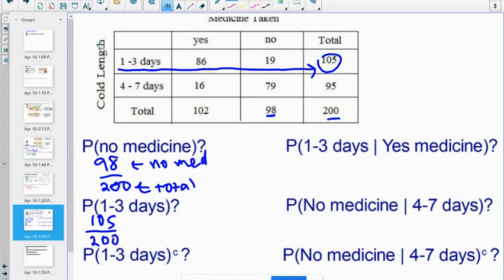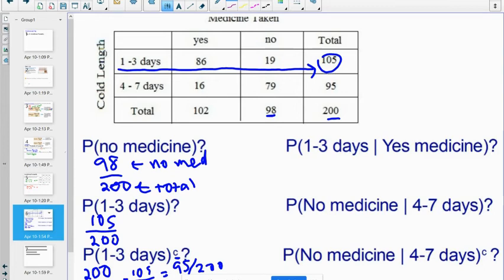And then the probability of 1 to 3 days' complement, so that's it not happening. I'm going to take our whole, which is 200 over 200, and subtract 105 over 200. That's going to get you 95 over 200. Again, these can be further simplified, but for the sake of time, I'm going to continue moving forward.